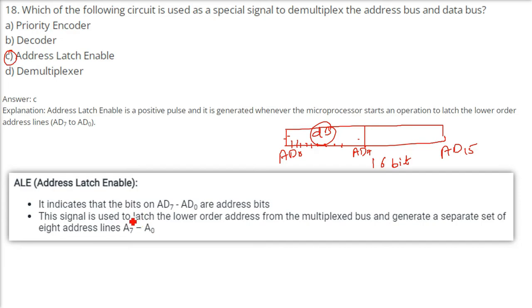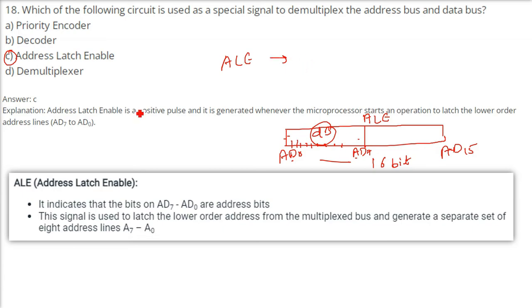For that, we have the address latch enable. Address latch enable is a positive pulse, and it is generated whenever the microprocessor starts an operation, to latch the lower order address lines AD7 to AD0, or you can call it AD0 to AD7. ALE indicates that the bits on AD0 to AD7 are the address bits.